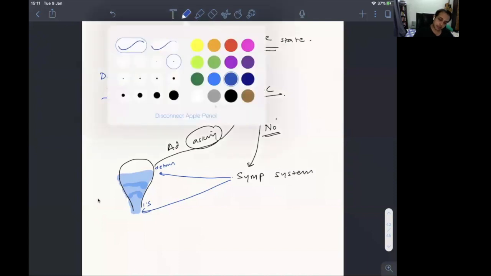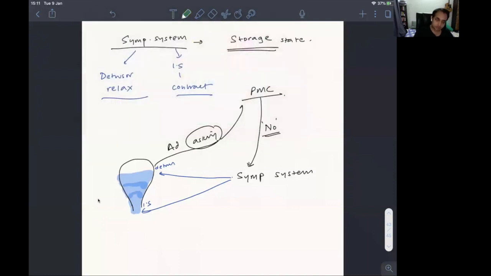And this happens via the sympathetic system through the lumbar area, and from the lumbar area you have the hypogastric nerve.